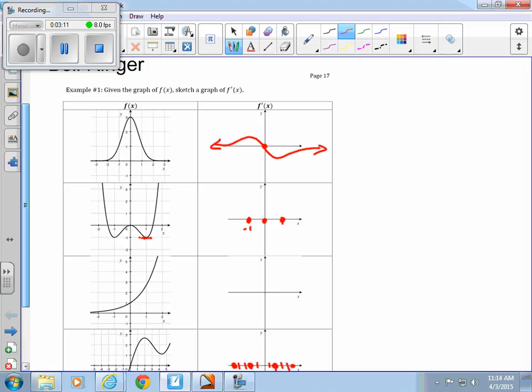Okay, let's look at the next one. Slope. Negative, really steep negative, right? Really big negative number. The farther out I go, the bigger negative number it is. So this is kind of coming like this. Since negative 1 is a minimum, I do cross the x-axis. Would you agree?